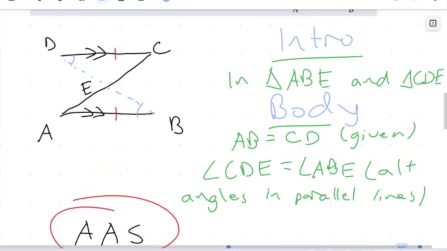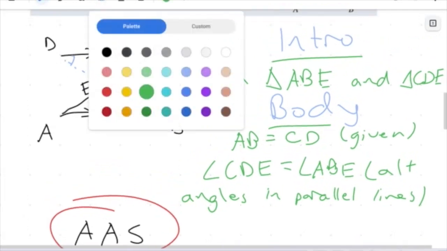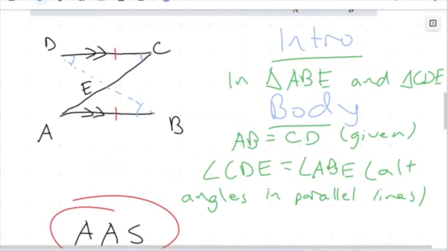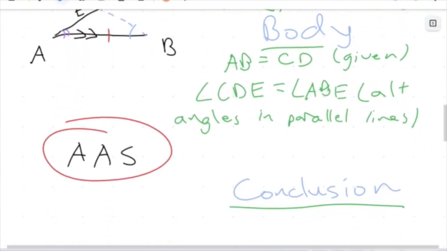Now, similarly, if I consider this angle at C and this angle at A, these are also alternate angles. I can see this Z shape being made. I have my two parallel lines, CD and AB, and I have these angles within them when I have my transversal going through. So I have that these are going to be equal.